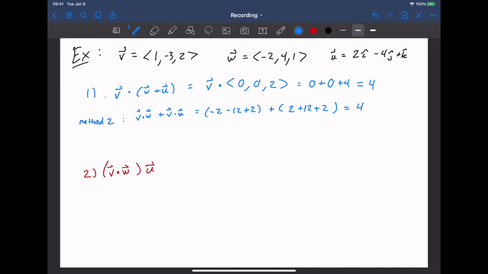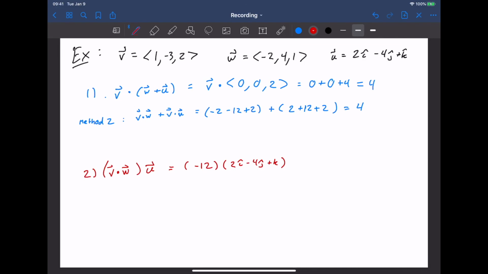For number 2, there really isn't anything else to do besides take that dot product first, which we just saw from above is -14 plus 2, which is -12. And then it's multiplying with this vector 2i minus 4j plus k.